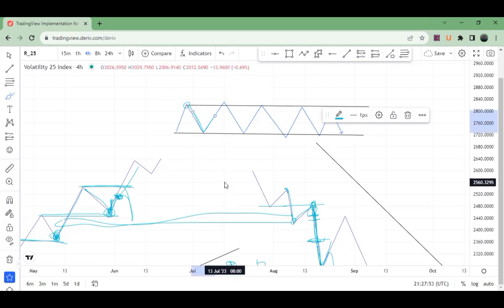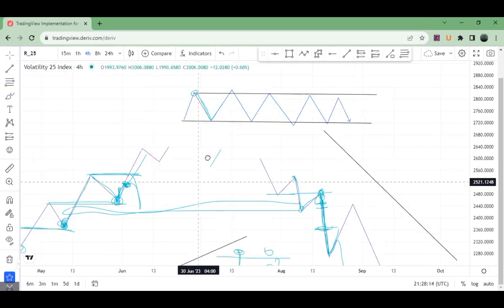So you want to know what kind of trader you are, trend trader or scalper. So that's that for market structure. Understand the market structure, understand how the market moves before you even place any trade.